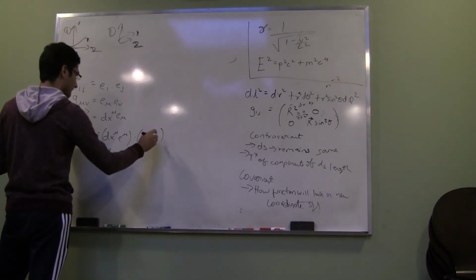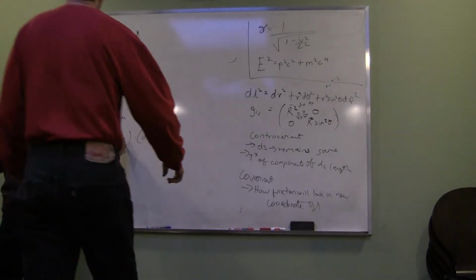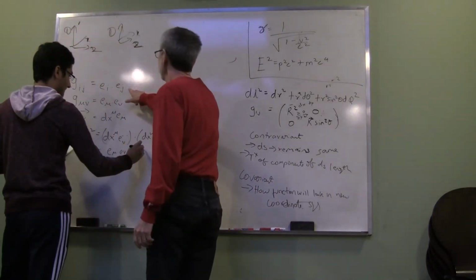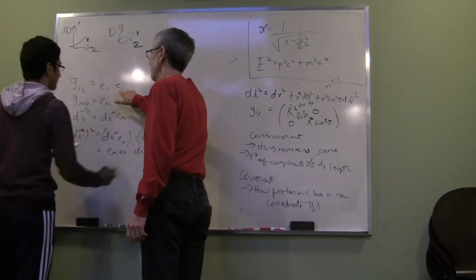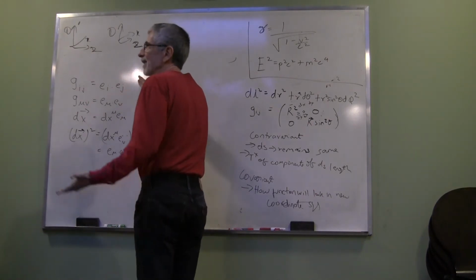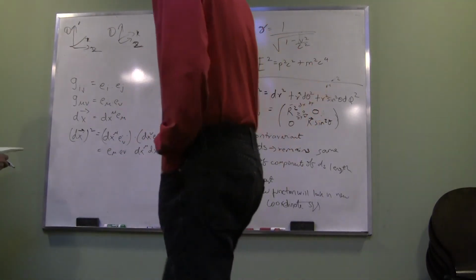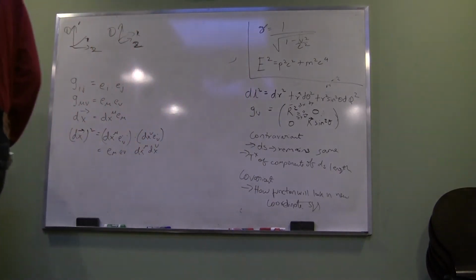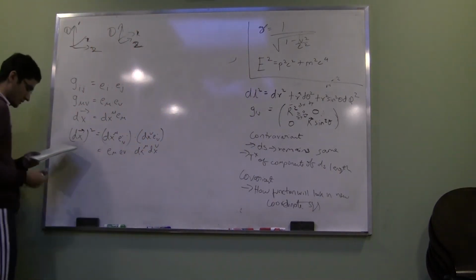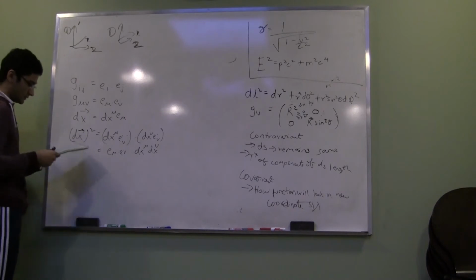This is, by the way, a case where it's important to remember that these things are not components. That really is a dot product between two vectors. So it comes out to this, and this is the Kronecker delta.